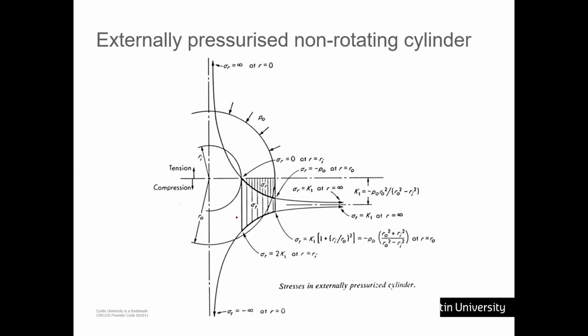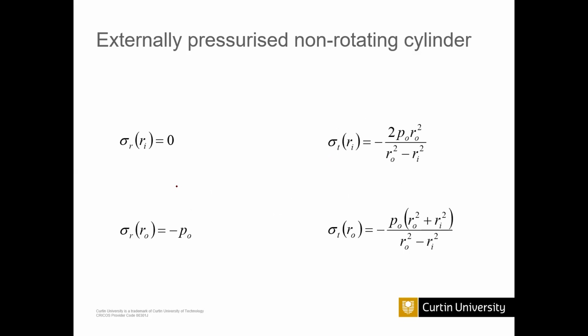You can see in this case the radial stress at the inner surface is 0. Earlier, radial stress 0 was at the outer surface, but now it is at the inner surface because it is externally pressurized; the earlier one was internally pressurized.